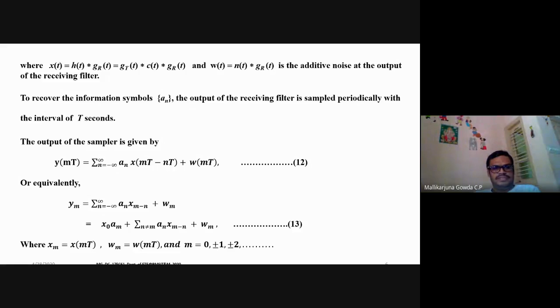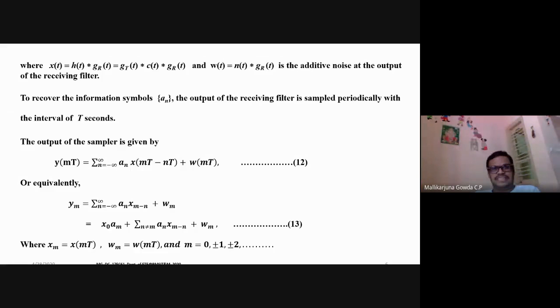Here, x_m is equal to x(mT), and w_m is w(mT), where the value of m can vary from 0 to plus or minus 2, and so on up to plus or minus infinity. In this, the desired signal is x_0 a_m, and this x_0 is the gain. a_m is actually the desired symbol.